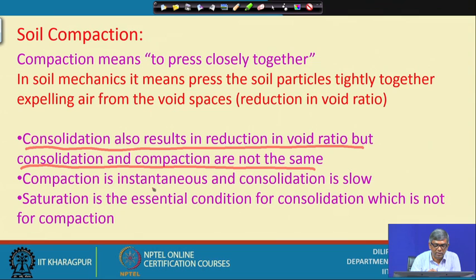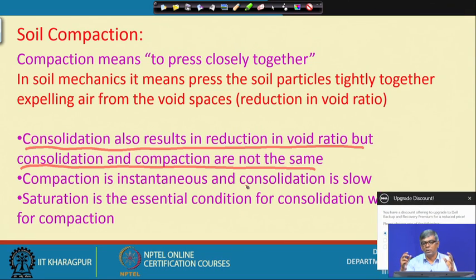Compaction is instantaneous, that means immediately I apply force and bring the soil particles closer and get compacted, whereas consolidation is a slow process. You apply some amount of load, and because of that load on the saturated soil, initially excess pore pressure will develop, and because of this excess pore pressure, water comes out through the interconnected void spaces.